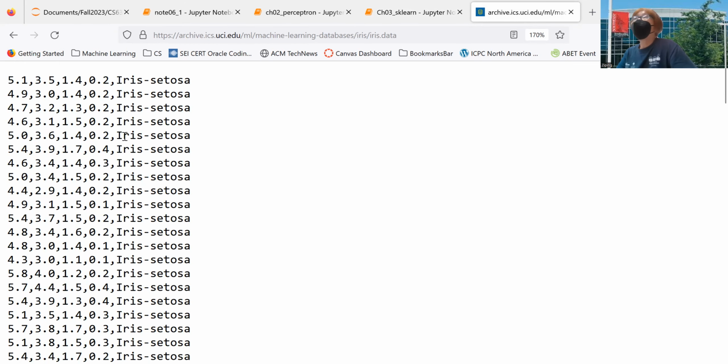This is the data. It has 150 data points, not a very small one. It has petal width, petal length, something like that.